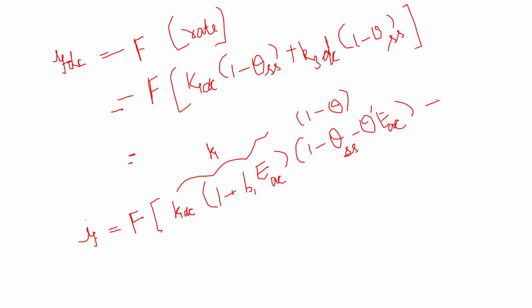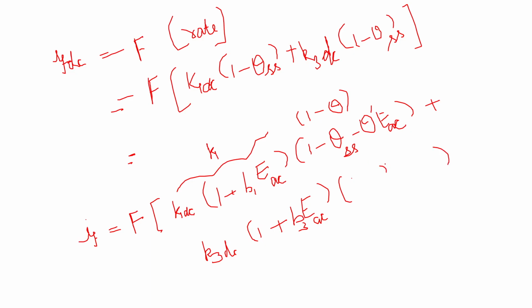Now the next term will be K3 DC into 1 plus B3 EAC, into 1 minus theta SS minus theta dash EAC.